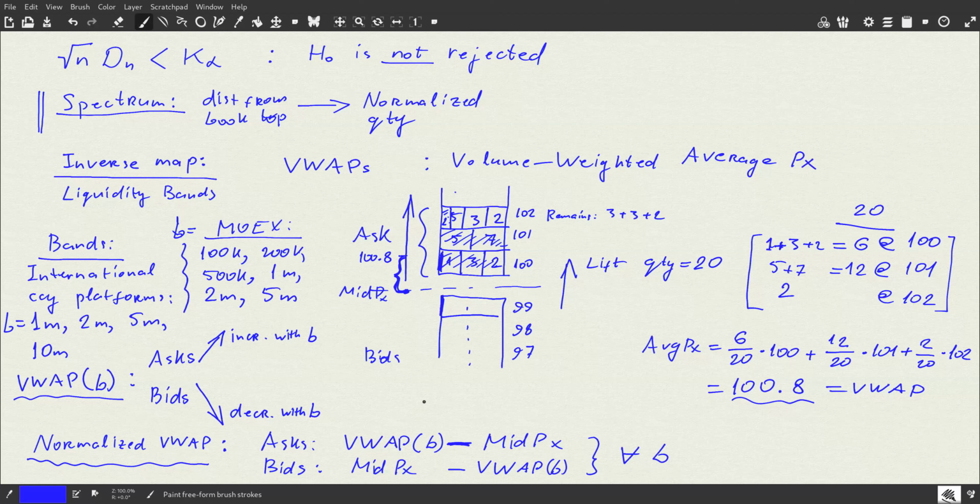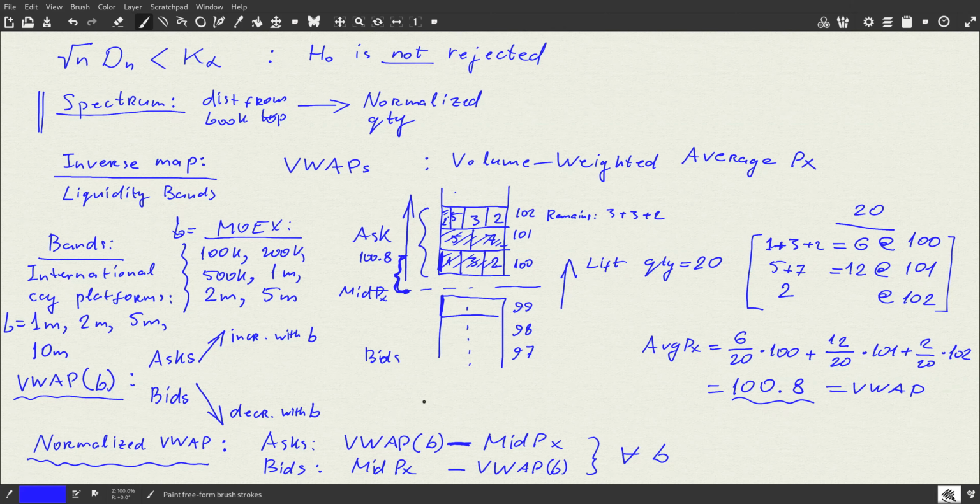The spectrum shows how much liquidity we have in the corresponding positions, and VWAP tells us how far we are from the mid price for a fixed amount of quantity, for a fixed amount of liquidity. So these are indeed, to some extent, mutually inverse maps.